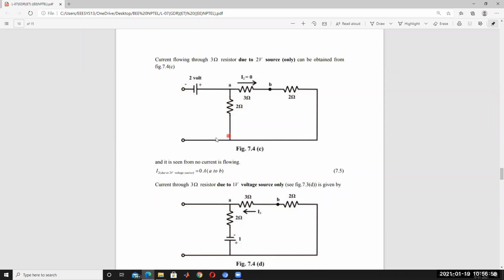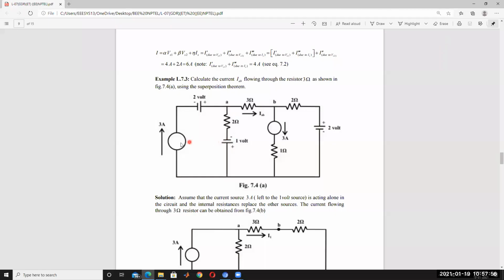Current flows only in a closed loop. Here the positive is connected to the network, but the negative is not, so it is acting as an open circuit. That's why no current flows in the circuit because of this source. That's why the current I2 due to the 2 volt source is equal to 0, because this source is not connected properly into the network. Understood?